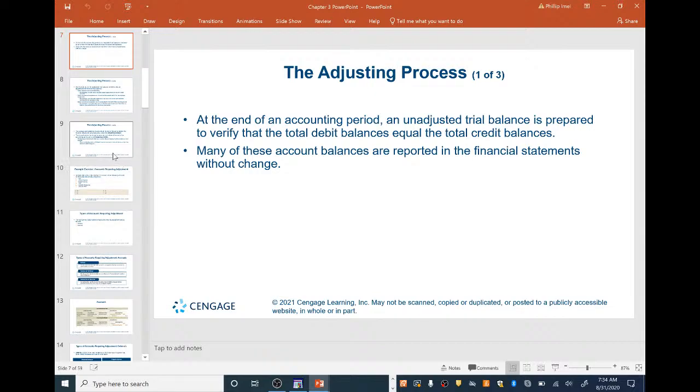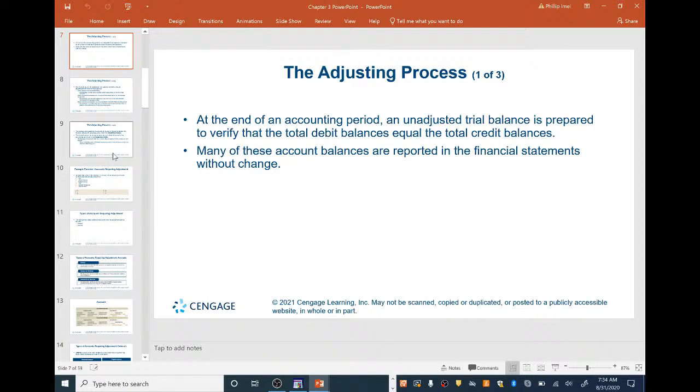You pretty much just have a list of accounts for the unadjusted trial balance, and you start with your assets, work your way through the elements that appear on the balance sheet, which is assets, liabilities, equities. Then you get into the revenue and expense accounts. Remember, we just punch them in exactly as they are, whether they're debits or credits, right? So that's the unadjusted trial balance, and that's going to show us whether we have an error or not, whether our debits are equal to our credits, because if they're not, then there's something wrong.